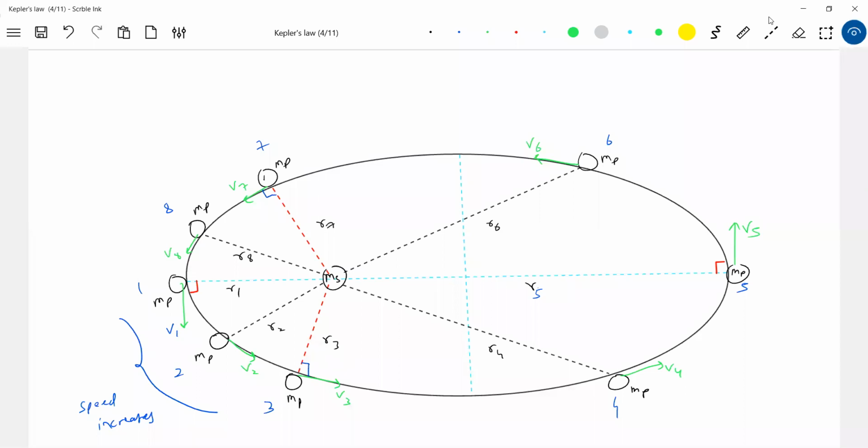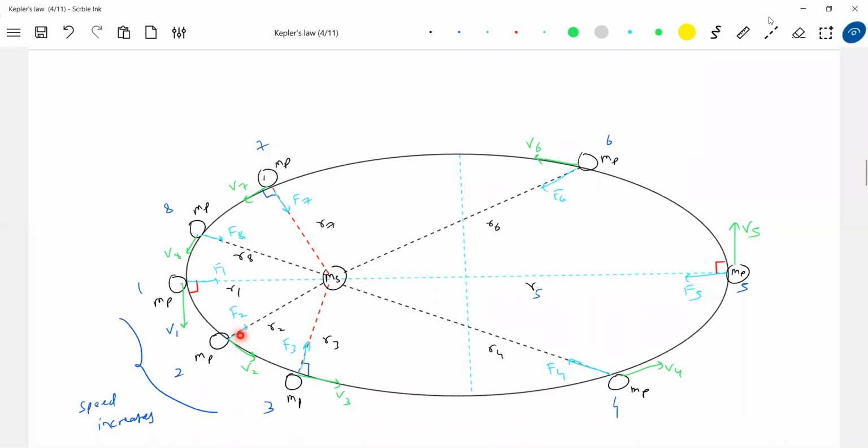Okay, this blue color, I'll show it. Some of you are asking, sir, how does speed increase? Look at the force and velocity now. Anybody can learn this just by drawing a diagram. Now look at this.